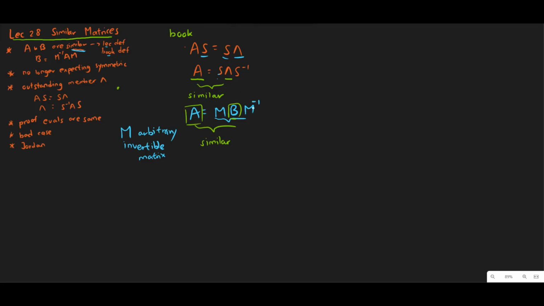From here you get the definition introduced initially in the lecture. If you put B on the left-hand side and put M on the A side, then you have M inverse A M. Let me read it again: A, M, B, M inverse.